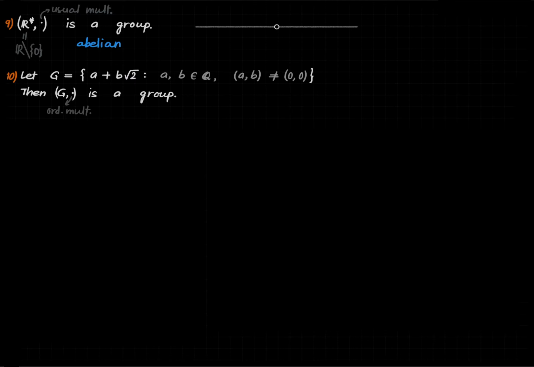So to check that this is a binary operation, why is it a binary operation? Well, if you multiply a plus b root 2 with x plus y root 2, where a, b, x and y are rationals, what do you get? You get ax plus 2by plus something times root 2.